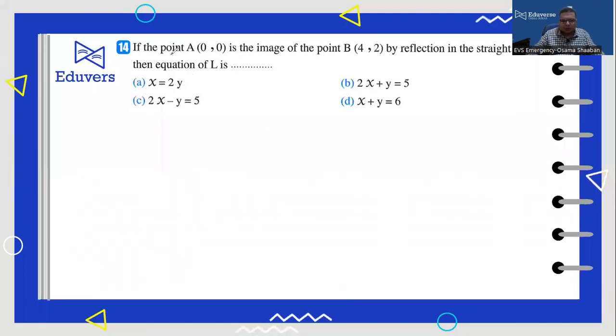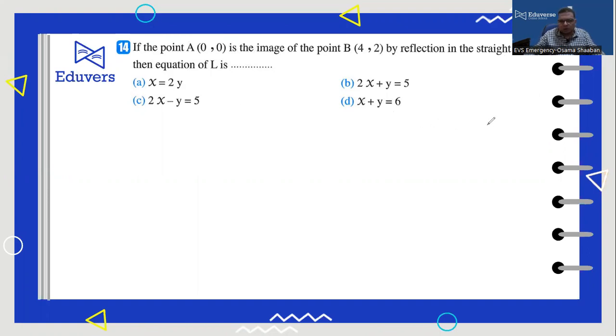Question number 14: the point A (0, 0) is the image of the point B (4, 2) by reflection in the straight line L. Then the equation of L is.